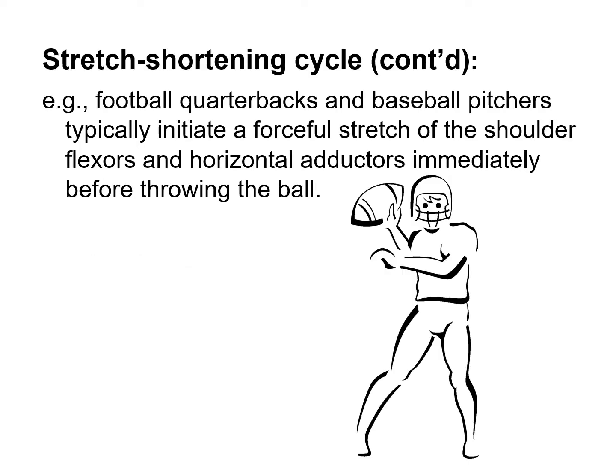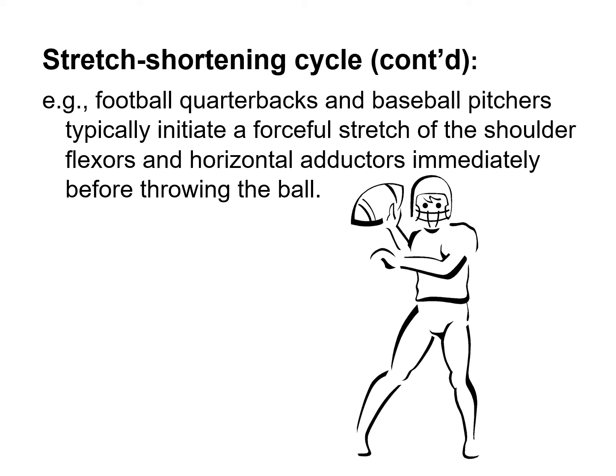If we're looking at somebody throwing a football or a baseball, they kind of rotate away and stretch out their shoulder flexors and horizontal adductors immediately before throwing the ball. They're stretching out those muscles and putting strain or elastic energy into those muscles.